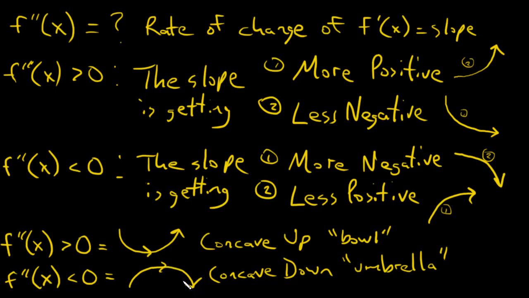Gosh, and keep all that straight. But if you want a quick way to think of it, f double prime greater than 0 is what's called concave up. Concave up is a bowl shape. It means that the curvature is opening up. F double prime less than 0 has the curvature opening downward. That's called concave down, and it is the umbrella shape.